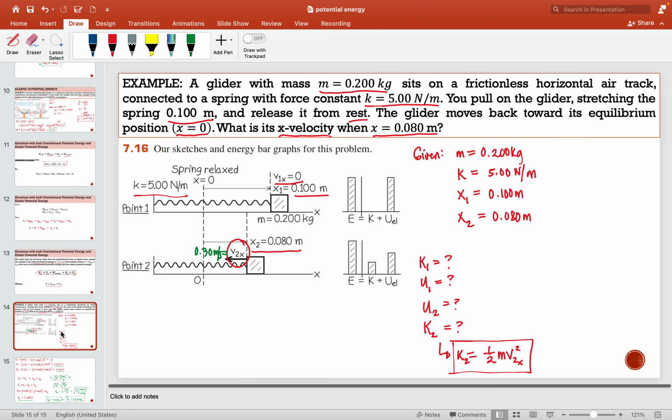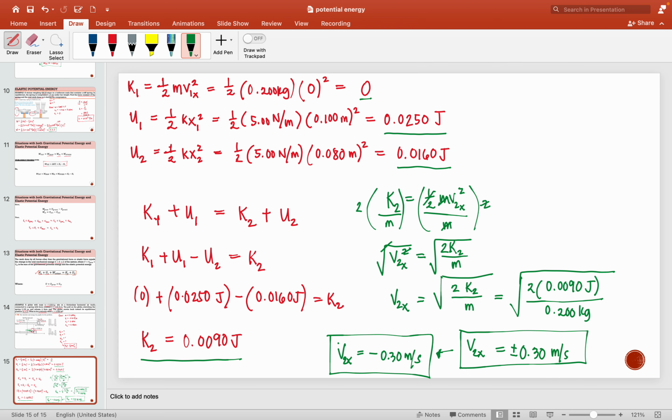Because again, by looking at the diagram or the figure, V2x is moving to the negative x-axis. So that's why our V2x is equal to negative 0.30 meters per second. So that is it for our discussion for today regarding the potential energy, which comprises the gravitational potential energy and the elastic potential energy.